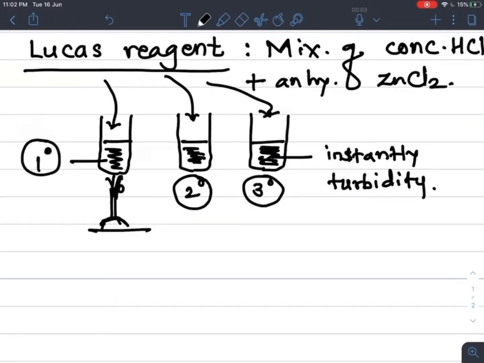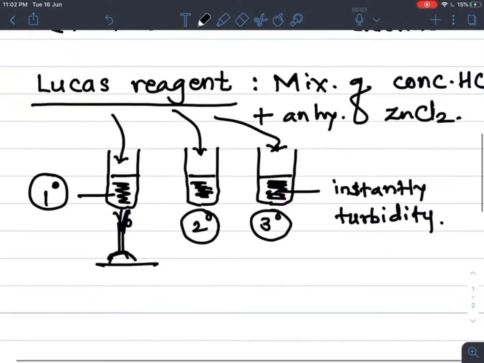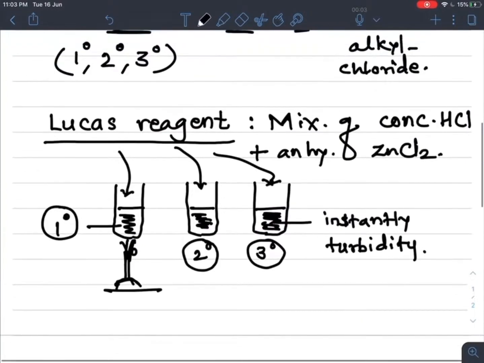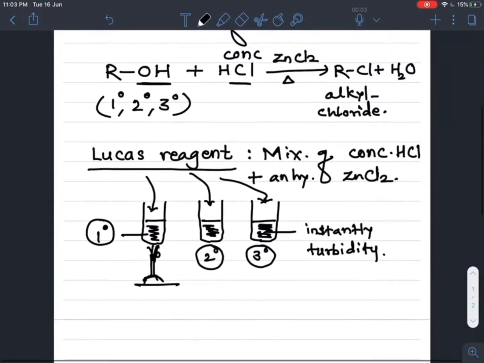Turbidity means the alkyl chloride is formed. So this is the reaction when Lucas reagent is added to the alcohol.